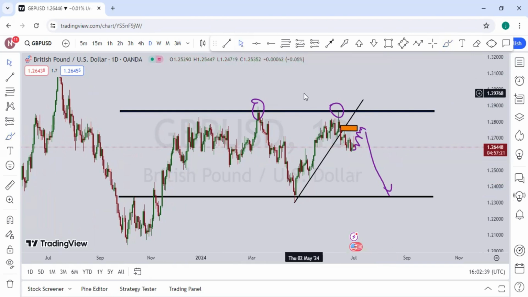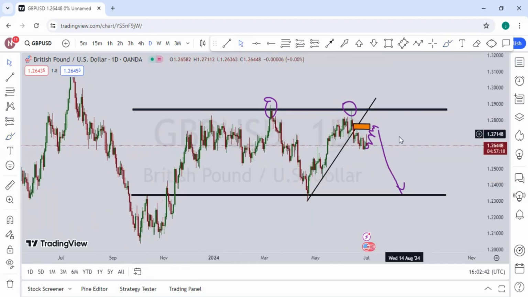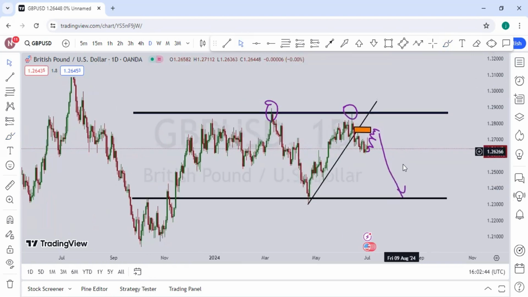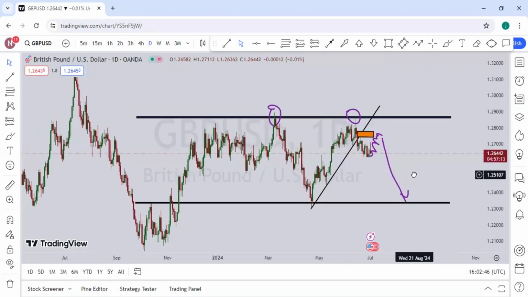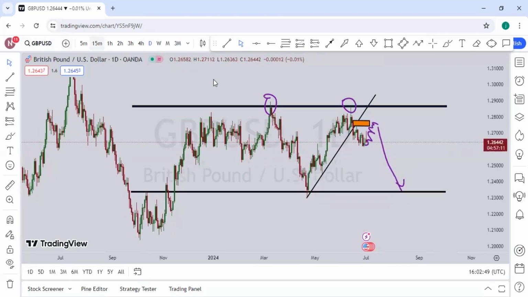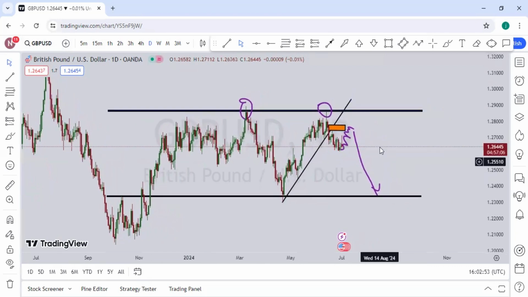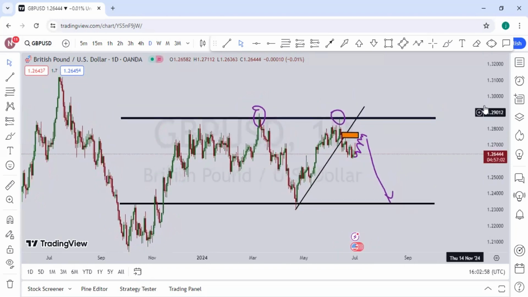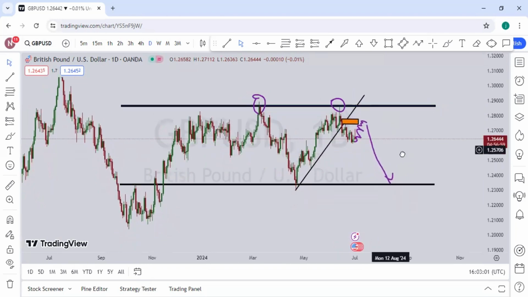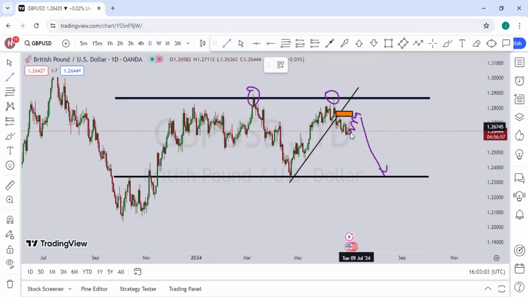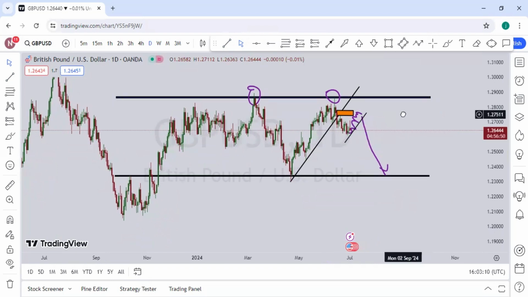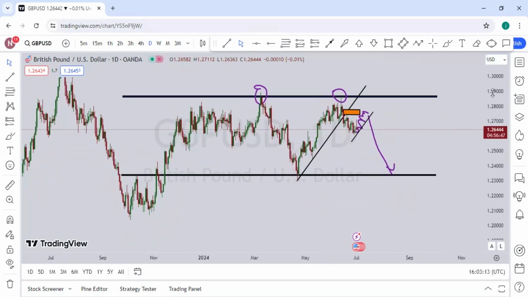But there's one thing that I'm not sure about. I want to see which one is correct and which one is wrong. This is about GBP USD and USD CHF. They cannot move in the same direction, because they always move in different directions. So this GBP USD is giving me a sell setup, and USD CHF is giving me a buy setup.